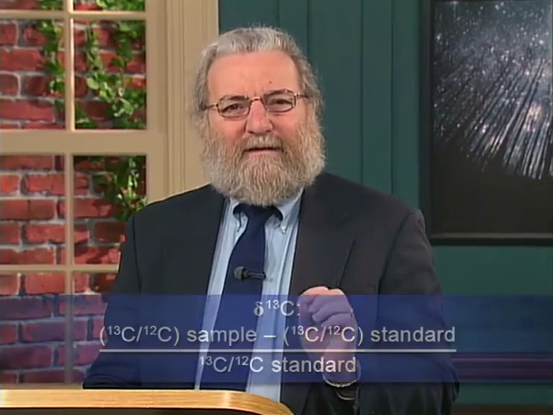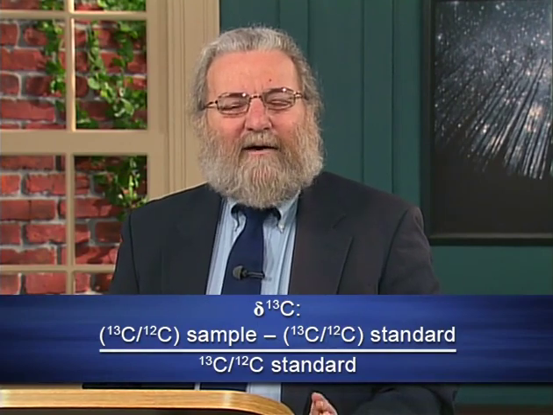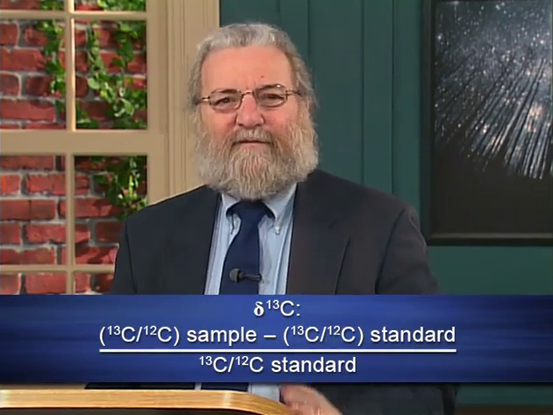The ratio found in all other substances, then, is compared to this and is expressed as a fractional deviation, a value we label as delta 13C, where delta is the Greek letter delta and always represents a change or a difference.